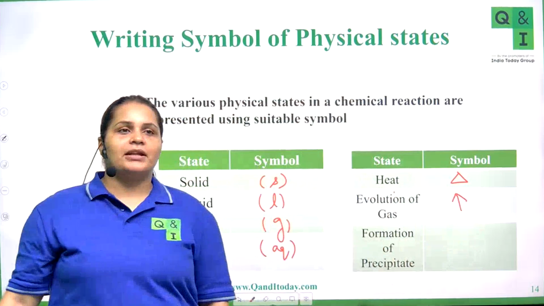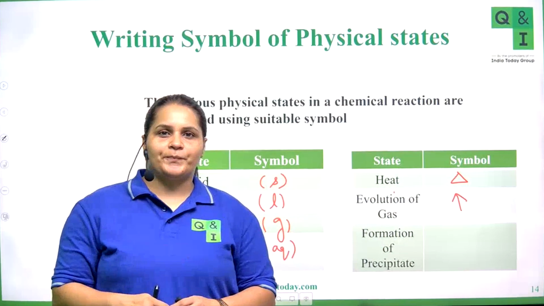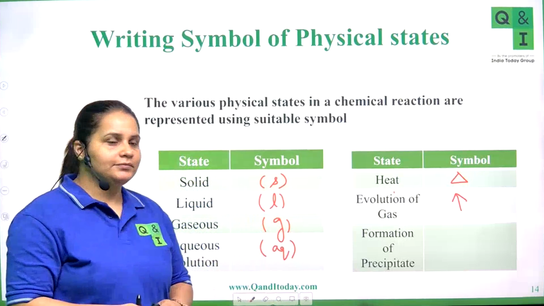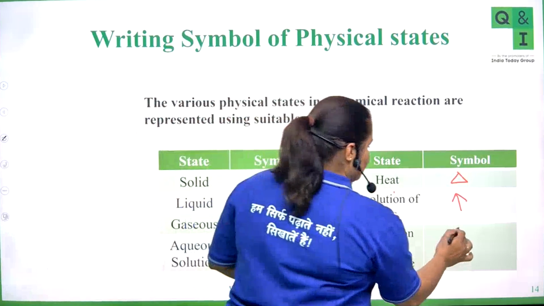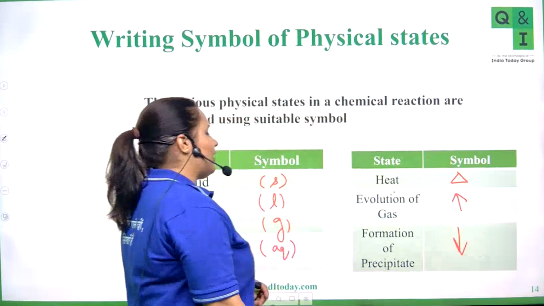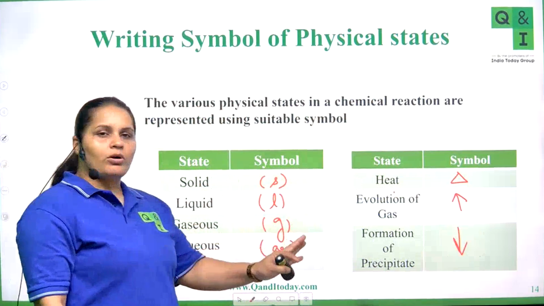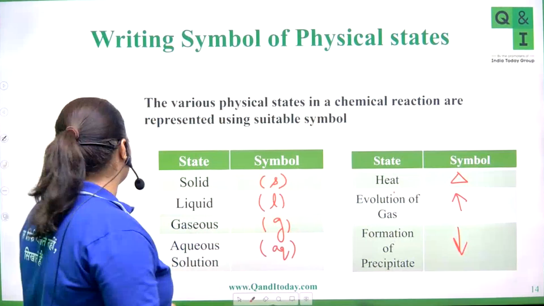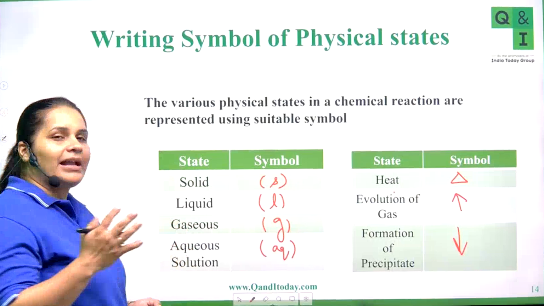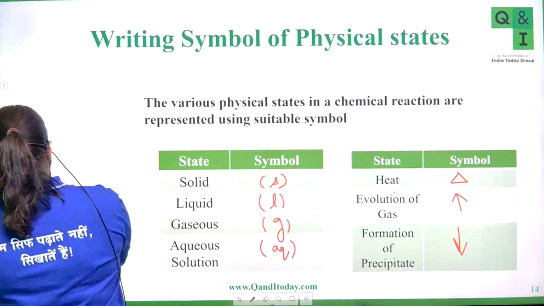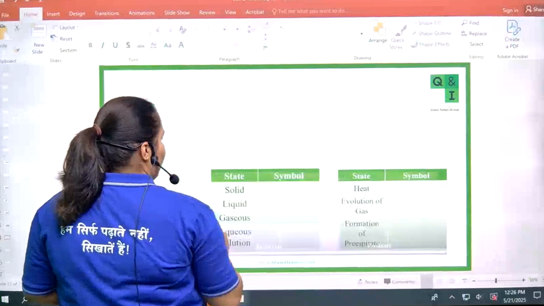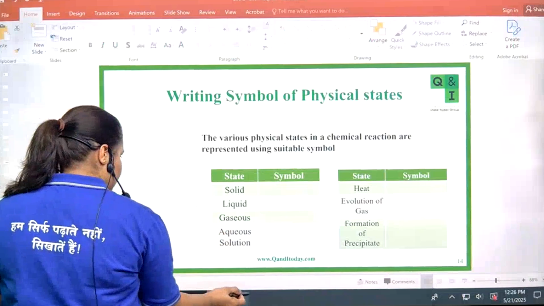Formation of precipitate, Ragvi? Downward arrow. Okay, so here we got all the symbols, and now we have to learn how to balance the equation. Let me take you to those slides where we have to balance the equation.